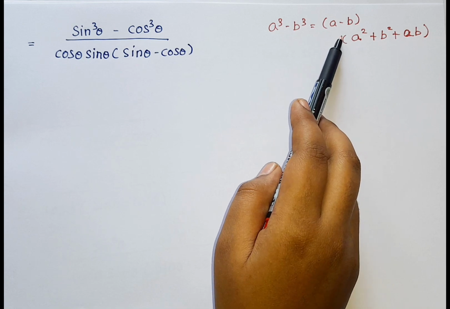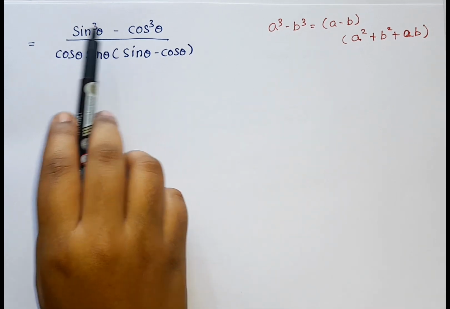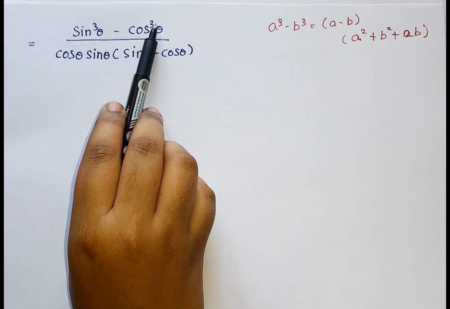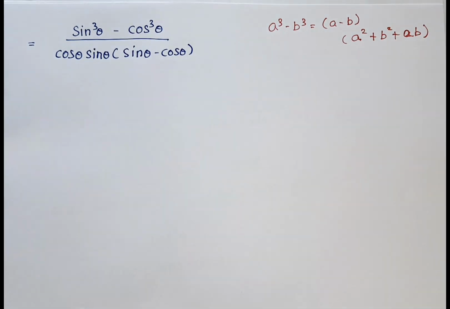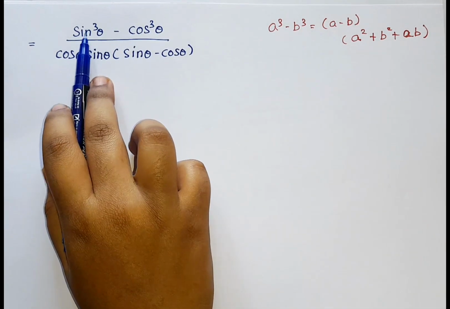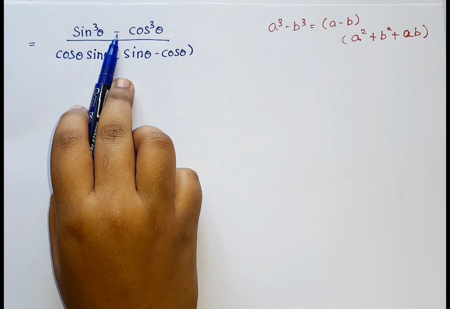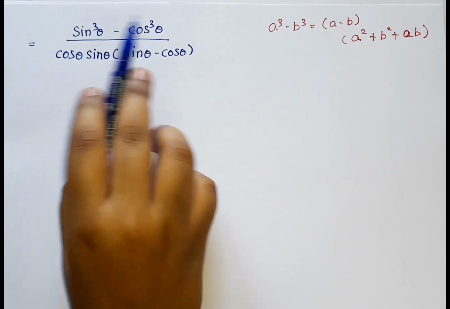Okay, so now I'm going to apply that for sin cube theta as well as for cos cube theta. Here it is in the form of a cube minus b cube. This is a and this is b.